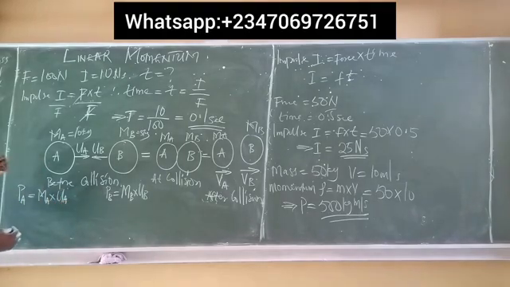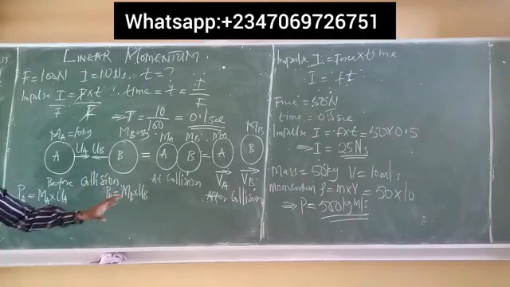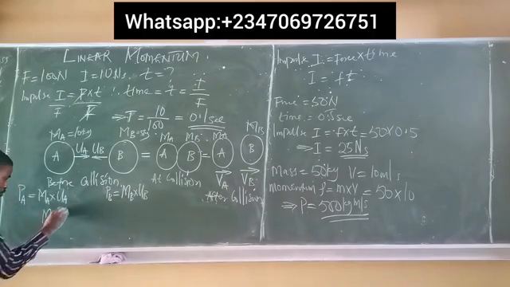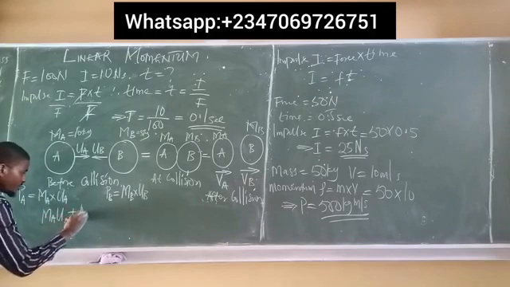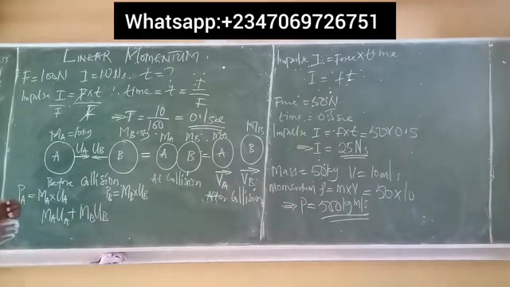This is the momentum of object A before collision, ma ua. You also have the momentum of object B before collision, mb ub. Adding them together, you have ma ua plus mb ub. So this gives us the momentum before collision.